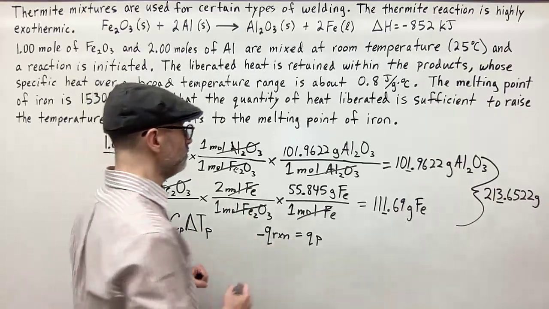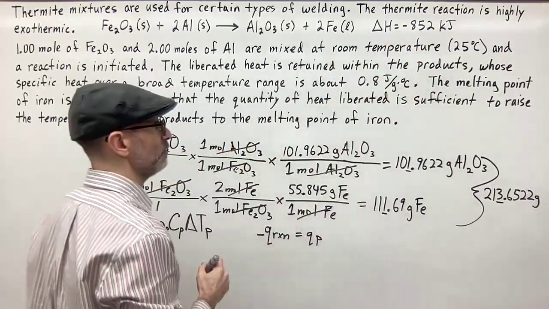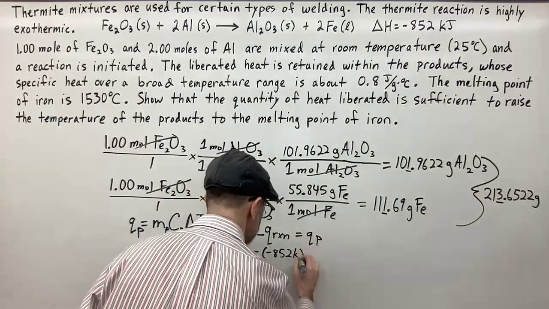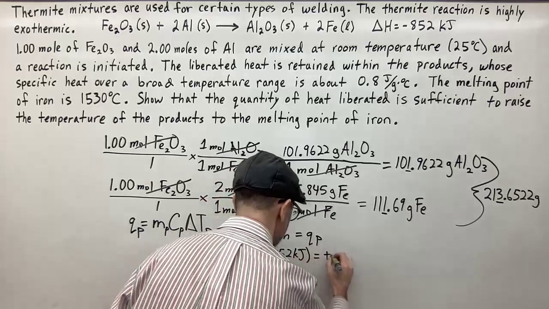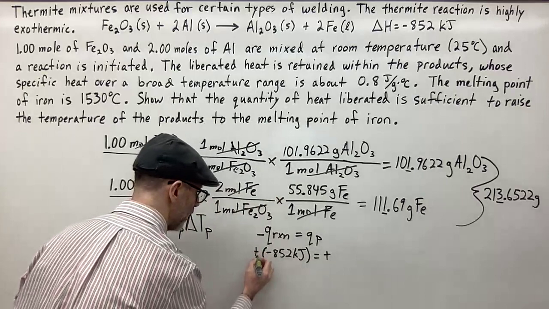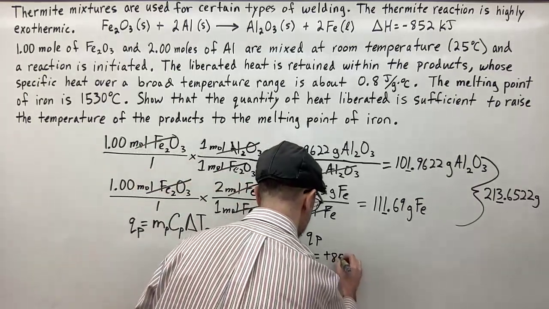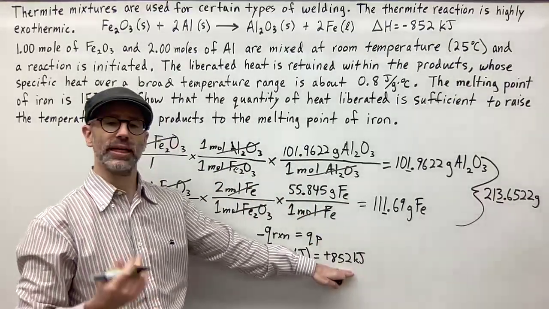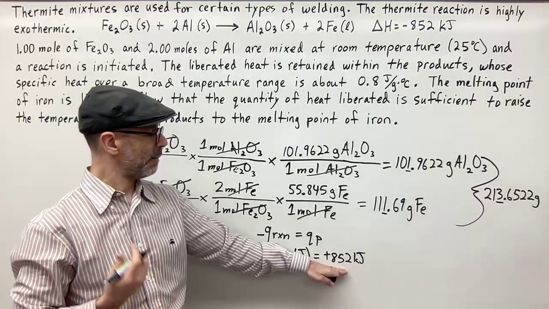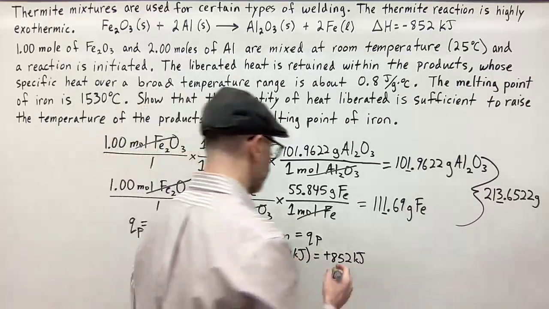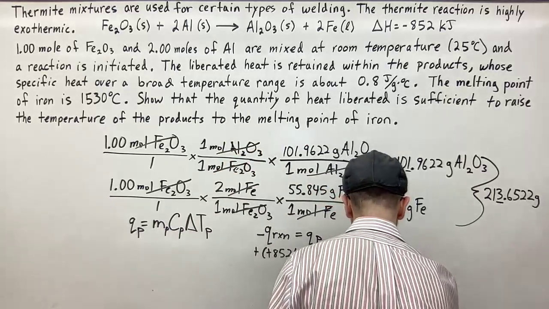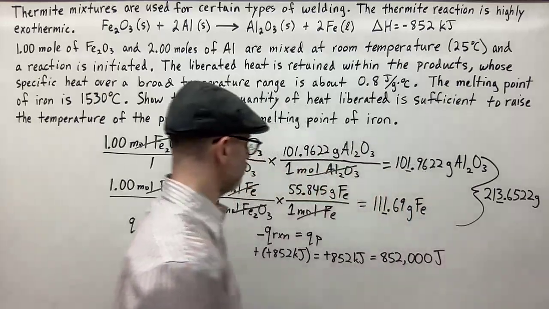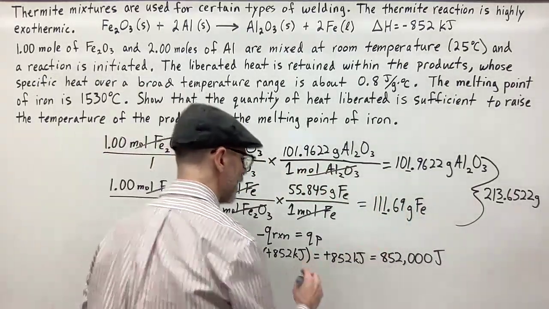So if I put in negative 852 kilojoules, that is going to be equal to positive 852 kilojoules. So the amount of heat absorbed is the same. So the heat absorbed by the products is positive 852 kilojoules, which is going to be equal to 852,000 joules, right?